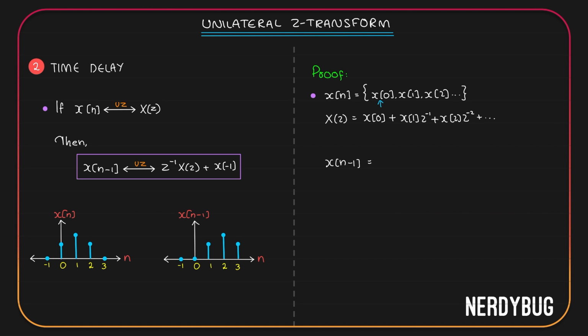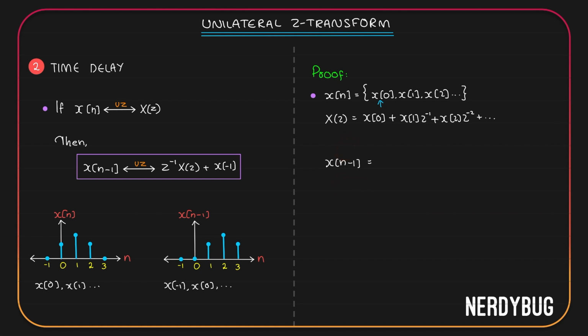So, for x of n, we are taking x of 0, x of 1, x of 2, etc. For x of n minus 1, we are technically taking x of minus 1, x of 0, x of 1, etc. Or simply thinking, we have x of n minus 1. Since this is unilateral Z transform, n is only allowed to take values from 0 to infinity.